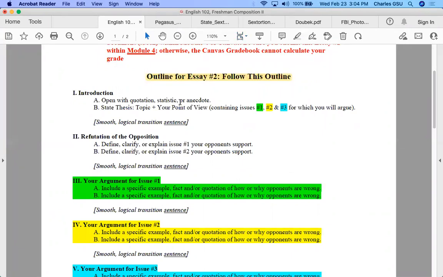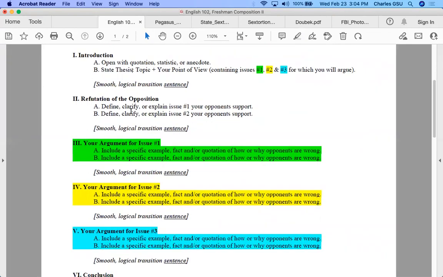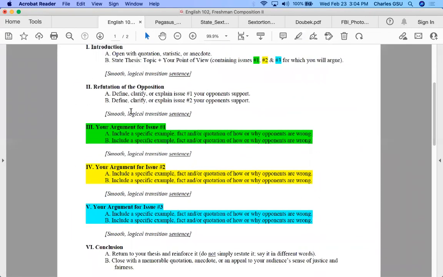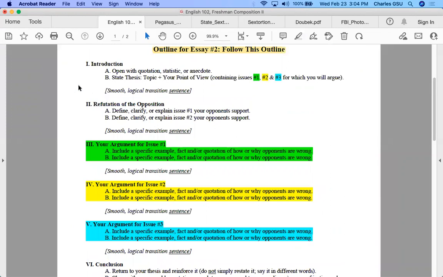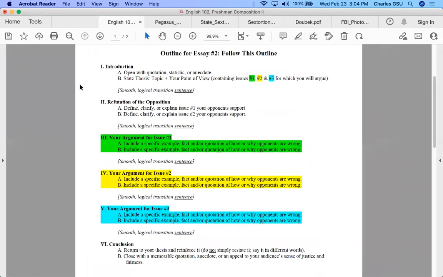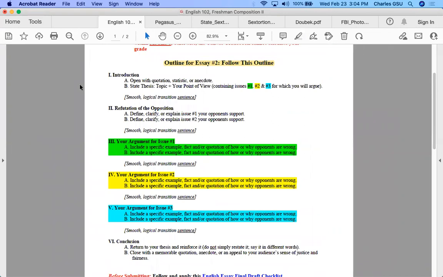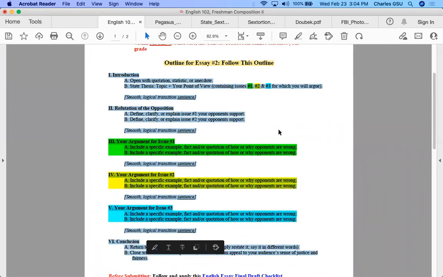That is to say, the outline you will craft or follow for essay number 2 should be the exact same one you use for essay number 1 and 2, 3, and 4 throughout the entire semester. So this is what it looks like, 6 meaty paragraphs comprising a minimum of 3 double-spaced pages.